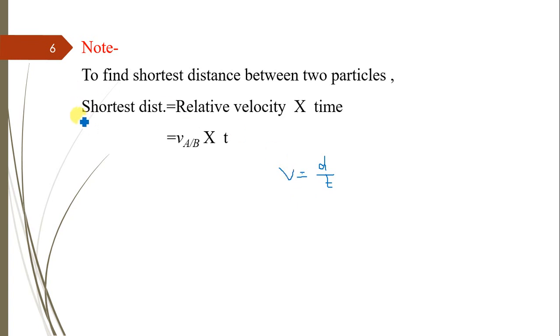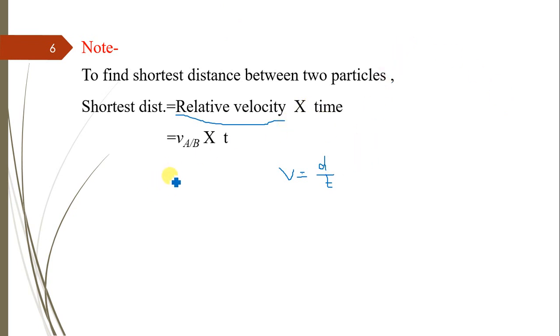And whenever we want to determine the shortest distance, the velocity is always considered as a relative velocity. It may be velocity B to A, or it may be velocity A to B, but we always get the shortest distance with respect to the relative velocity.